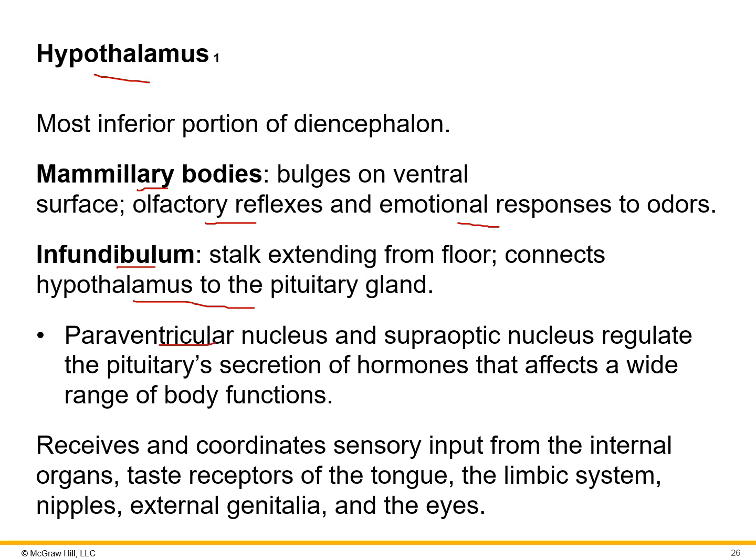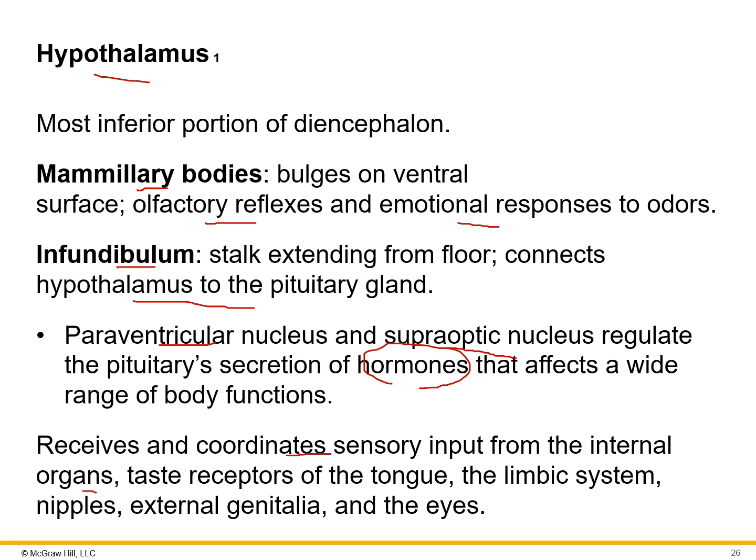And the paraventricular nucleus and the supraoptic nucleus help regulate the pituitary secretion of hormones. And that's going to then regulate a lot of other functions in the body and regulatory functions of the brain. So the hypothalamus helps to receive and coordinate sensory input from internal organs.